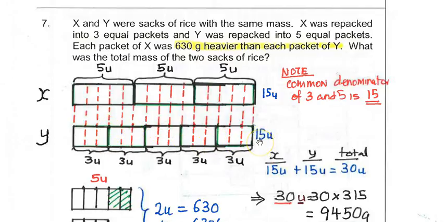Now take a look at this. You cannot really calculate or do something with them if it's divided, this one into 3 parts, this one into 5 parts. The common denominator, which you need to know, right? This is called 1/3, this is called 1/5. So the denominators are 3 and 5, and the common denominator is 15.